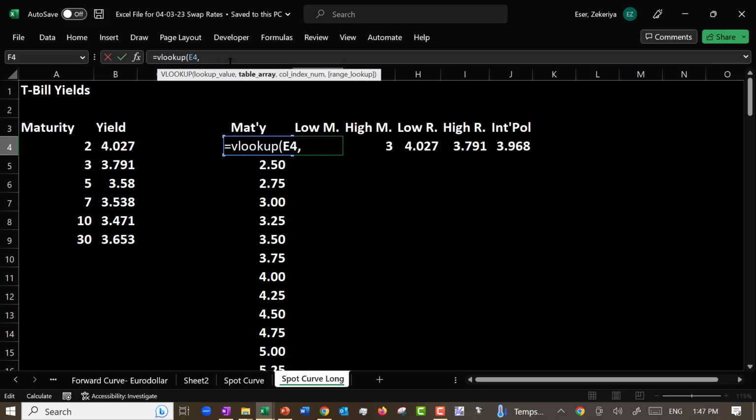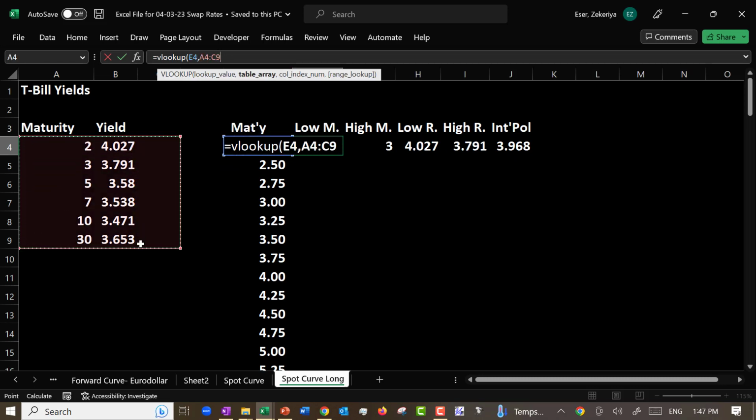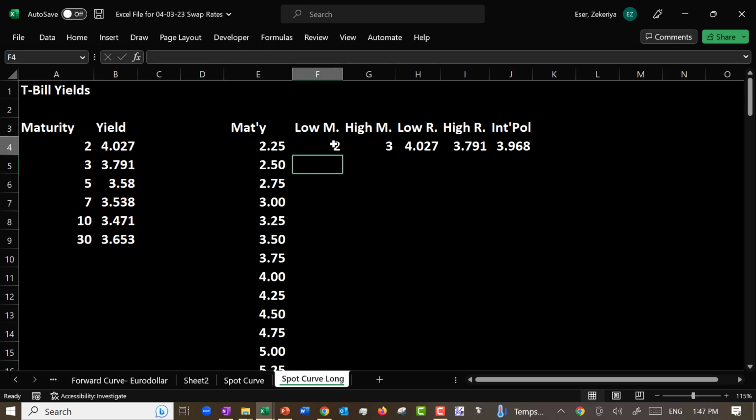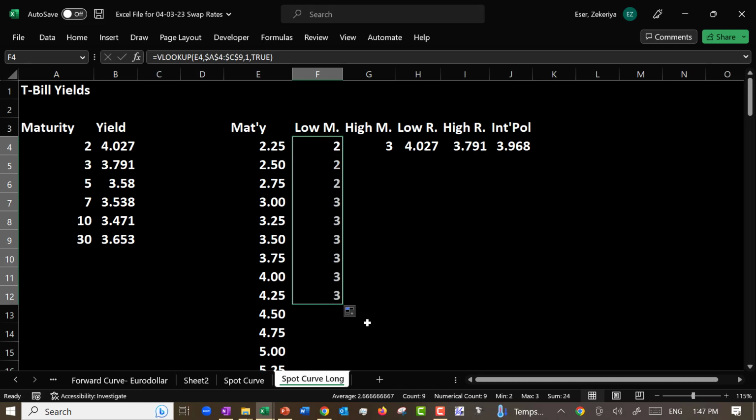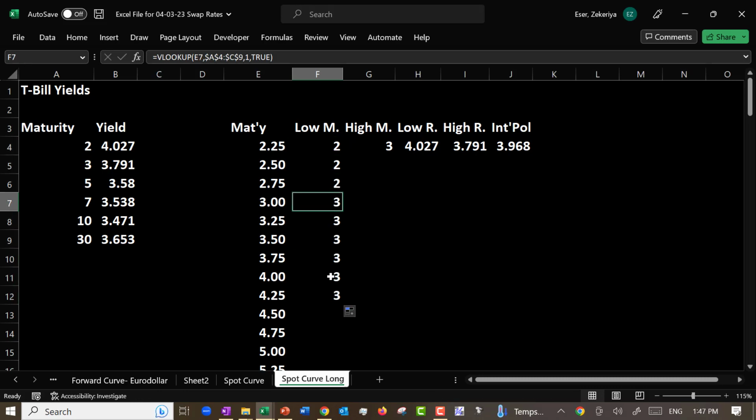In this. And once I want the first one. But I want that argument true, which means approximate. As you can see, it gives me the right numbers.